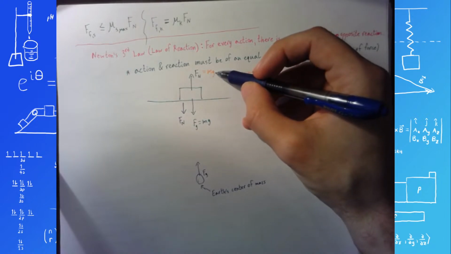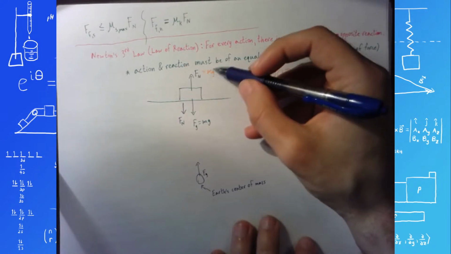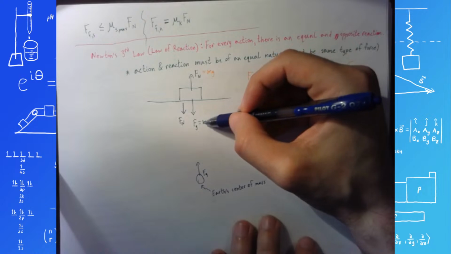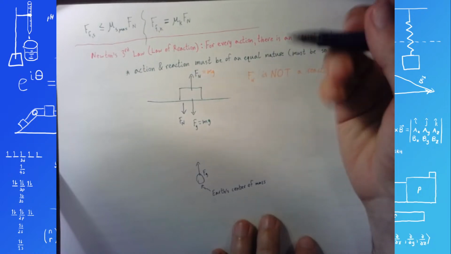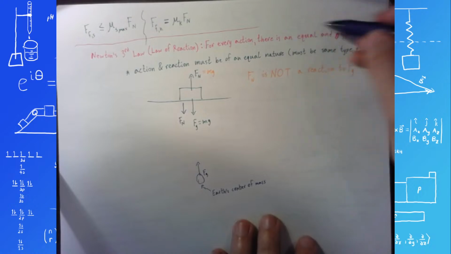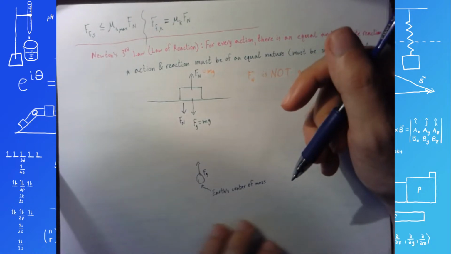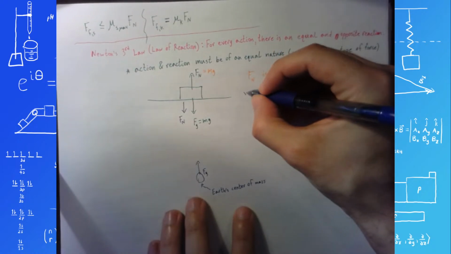This also tells us another thing, that just because two forces are equal in magnitude, like this gravitational force and this normal force are, just because they're equal in magnitude doesn't mean they have some sort of action-reaction relationship between them.